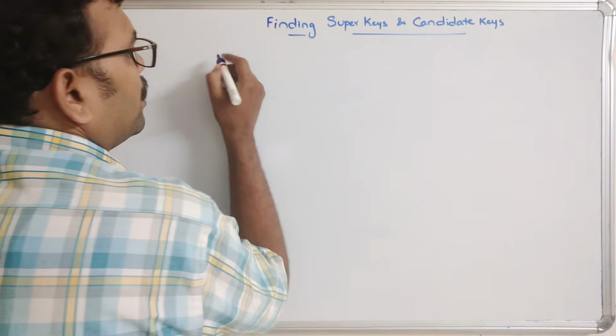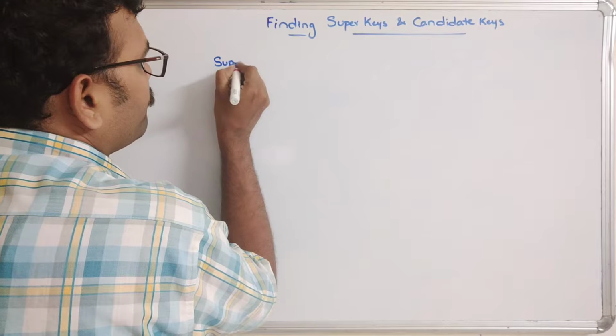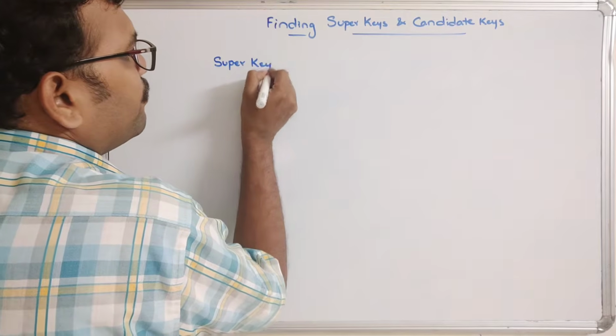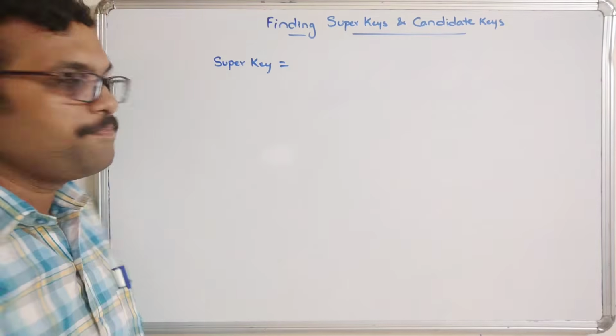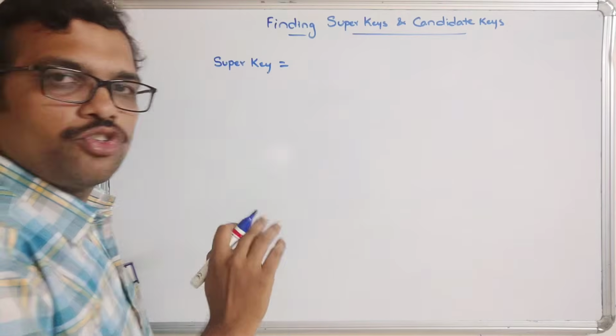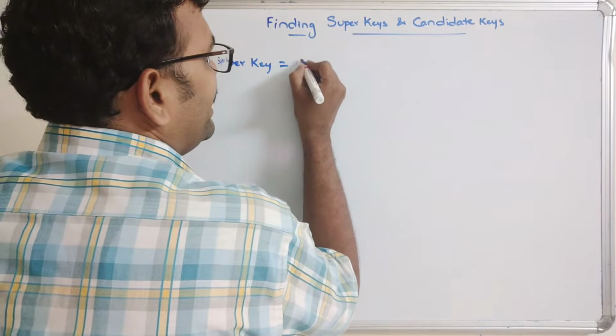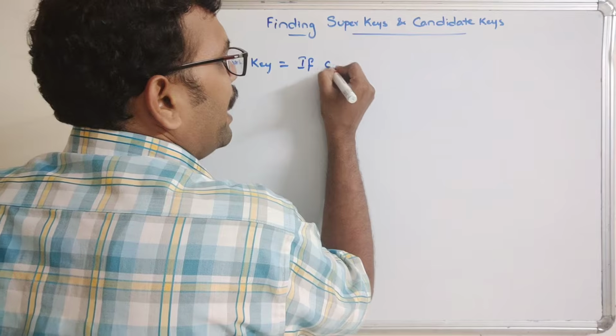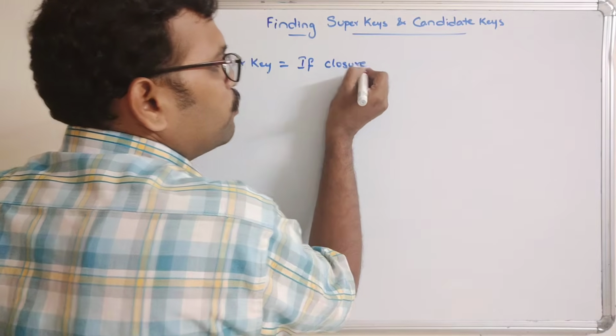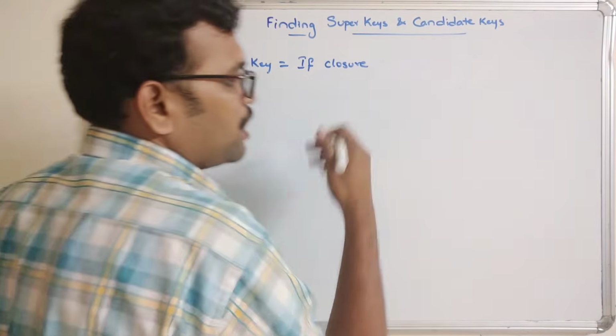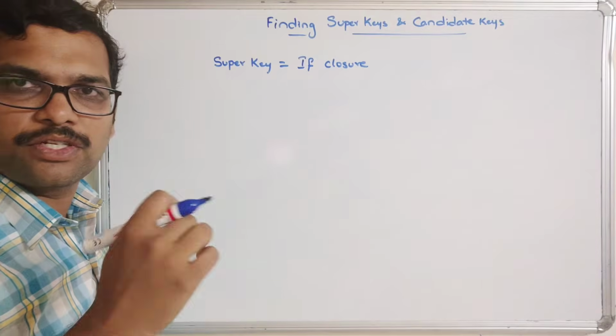So first, what is a super key? How can we find the super key from the functional dependencies? When we call something a super key, it means closure, which we discussed in the previous session, I will post the link in the description, so just go through that.